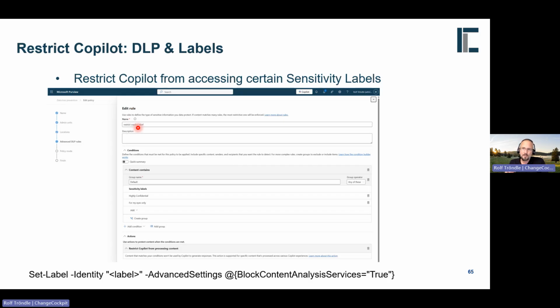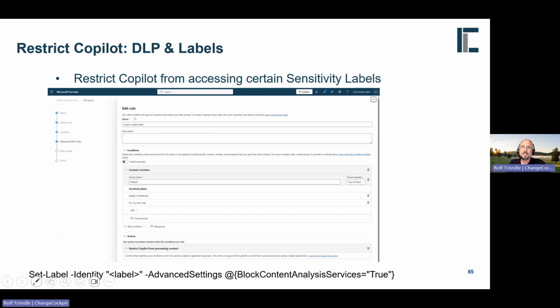So this information could be taken out from the sensitivity labeled document and then placed into a non-protected area like a planner task. That's why it's very important to restrict Copilot from such things.